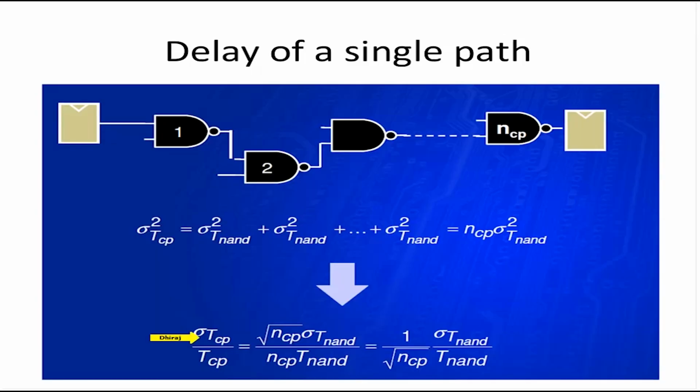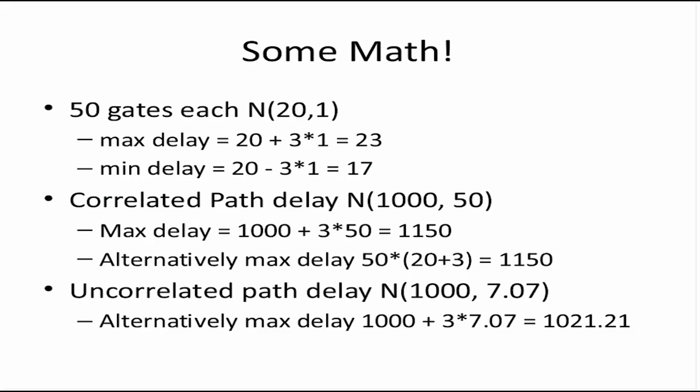Now let's see a path. Let's say you have 50 gates, each with a mean of 20, this is the mu value, and 1 is the sigma. Now, in a deterministic STA, in a regular PrimeTime run, the OCV would represent the 3 sigma, so that's why we multiply by 3, where the value of sigma is 1.